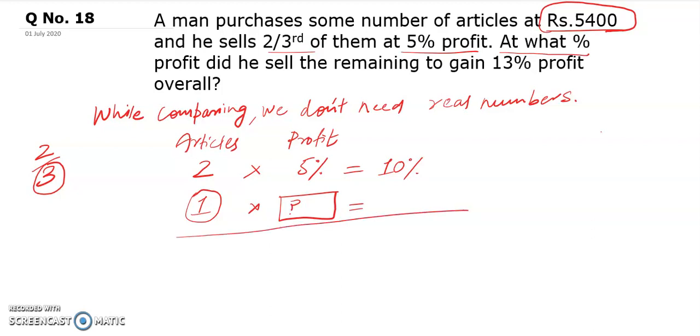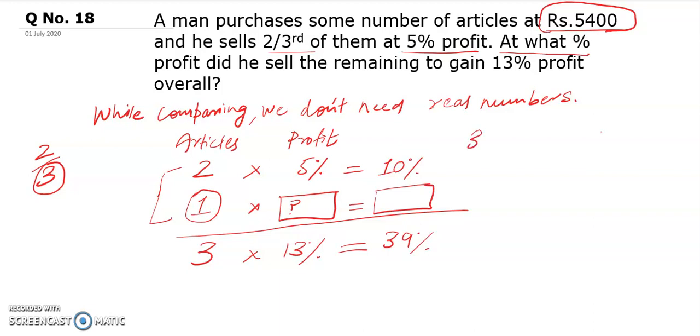And the overall profit percentage is 13%. So 2 plus 1, total articles is 3, and they are sold at 13% profit. This will give us 3 into 13, 39%. Now if we need to find this value, what will we do?